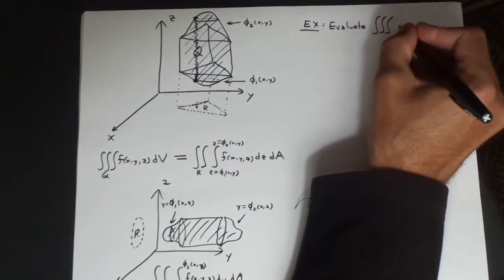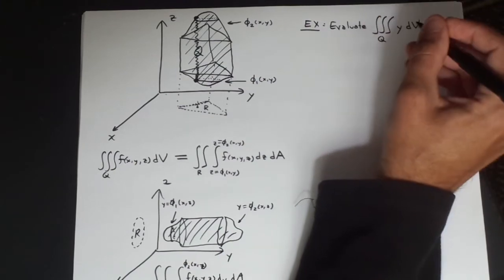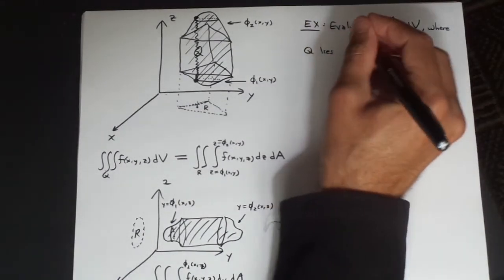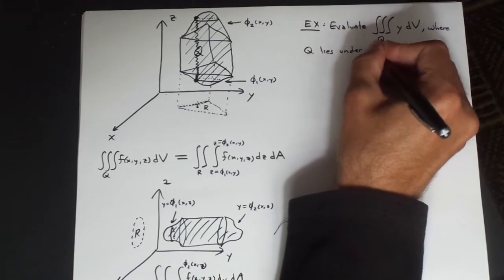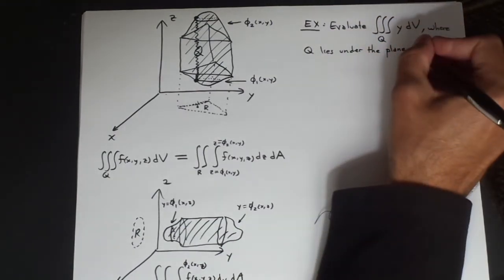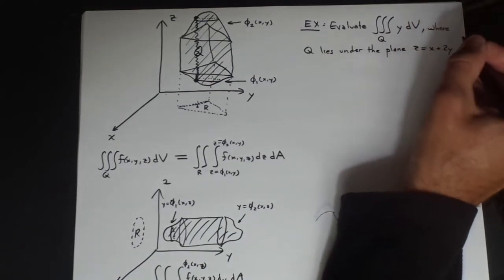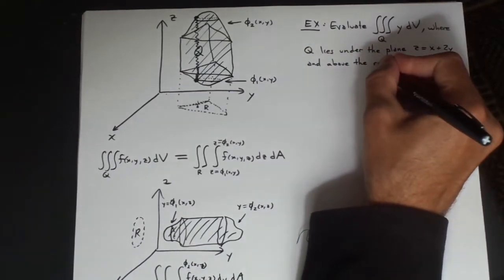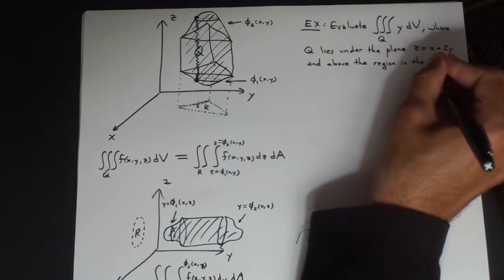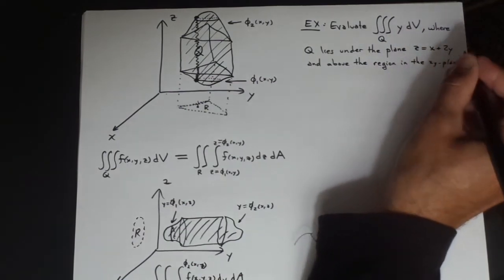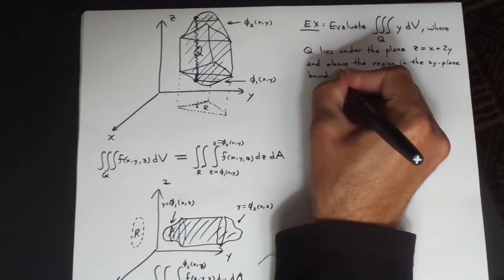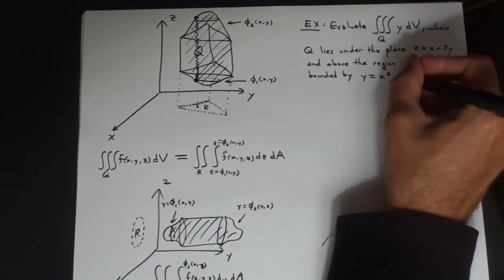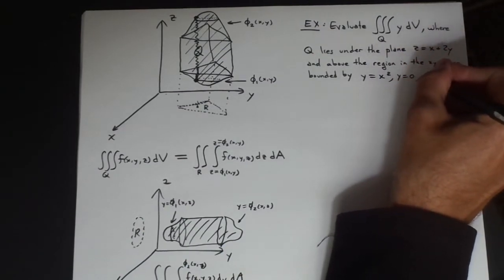Triple integral of, I'm going to call it just y dV over Q, where Q lies under the plane z equals x plus 2y, and above the region in the xy plane bounded by the following curves: y equals x squared, y equals 0, and x equals 1.